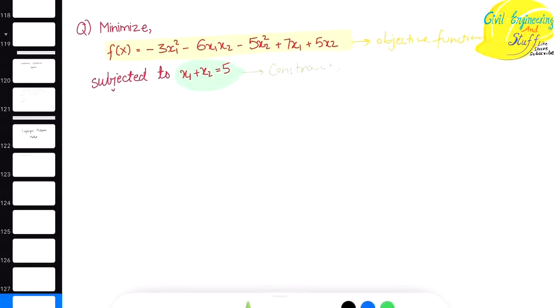So we have to find the points that will give us the minima of the function while satisfying this constraint value. All right, so let's do the solution.